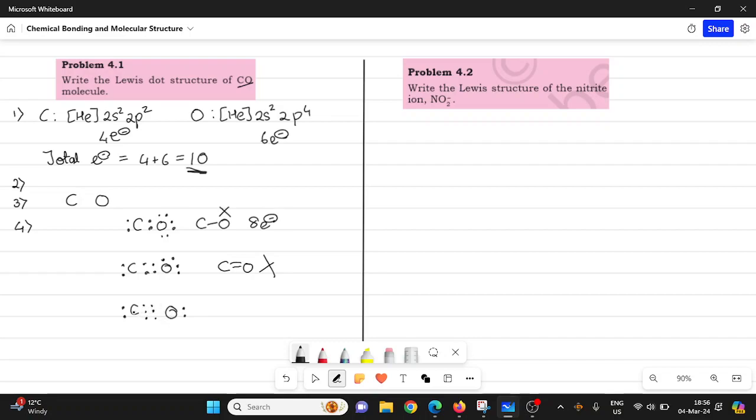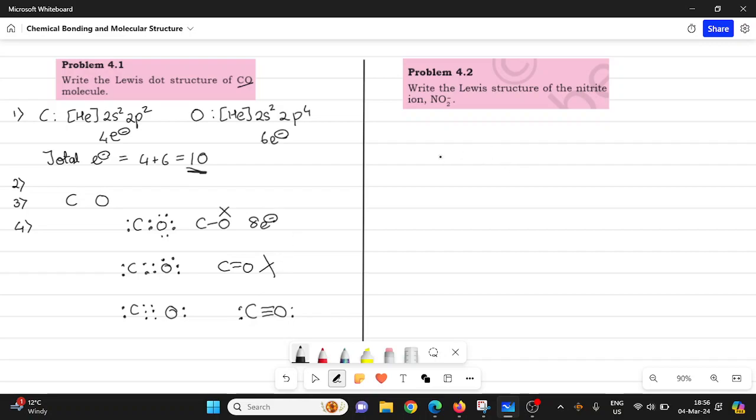If you notice, both carbon as well as oxygen have 8 electrons: 1, 2, 3, 4, 5, 6, 7, 8 for the carbon, and then 1, 2, 3, 4, 5, 6, 7, 8 for the oxygen. So this is going to be the Lewis structure for carbon monoxide, and you'll have 3 bonds, and that's it. That's how we do it for carbon monoxide.